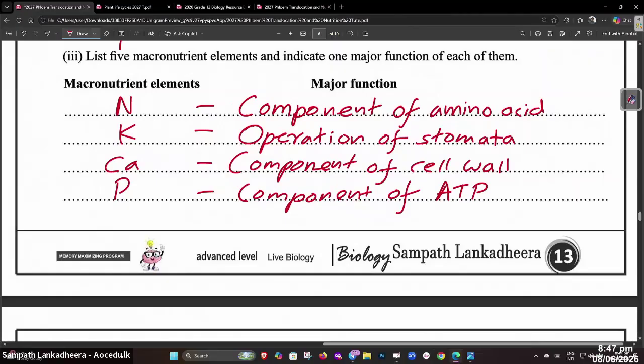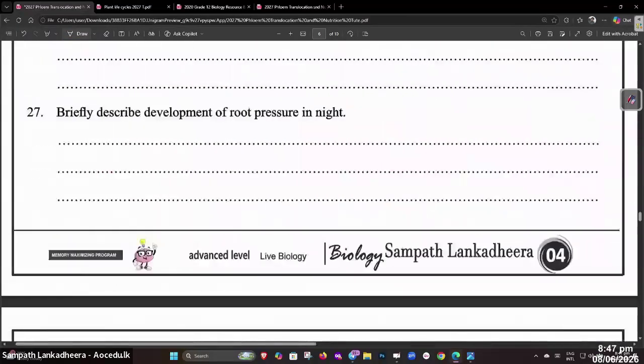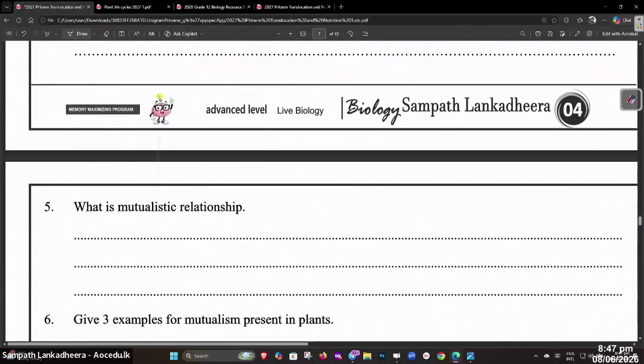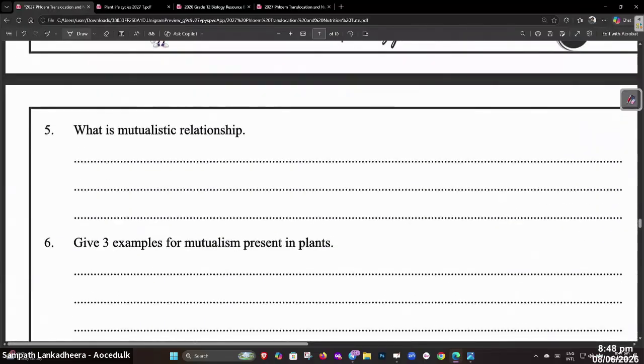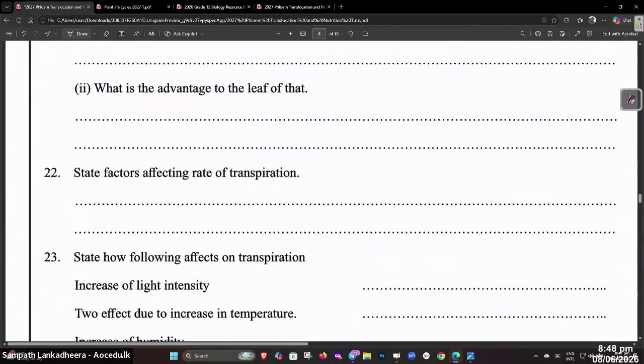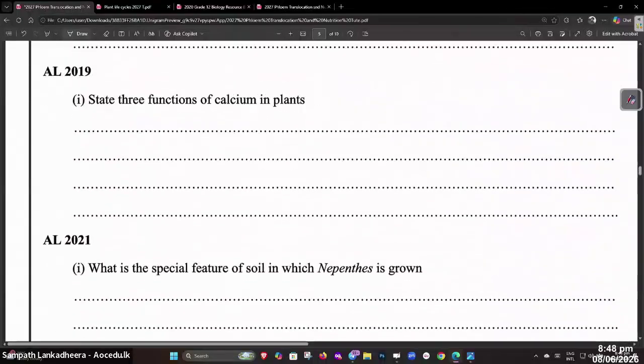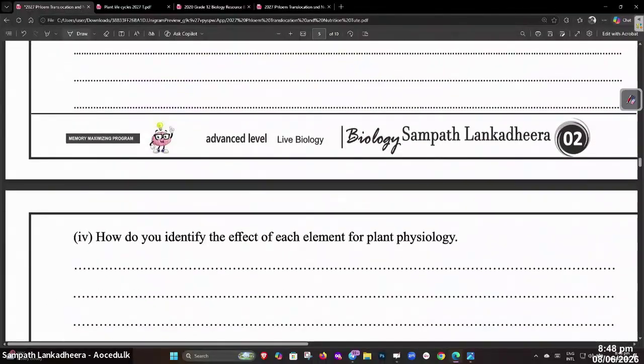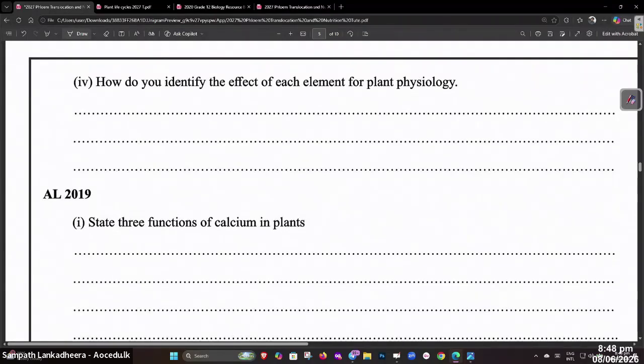Moving to the next page. How do you identify the effect of each element for plant physiology?